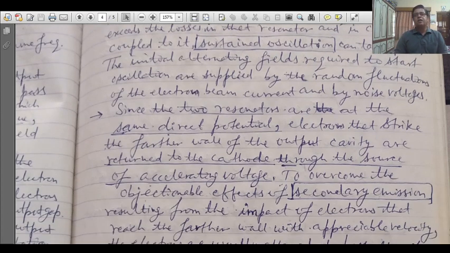The initial alternating fields required to start oscillations are supplied. Initially, alternating fields are required to start the oscillation, as usual in feedback oscillators.